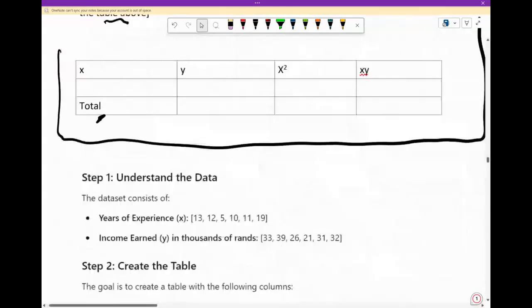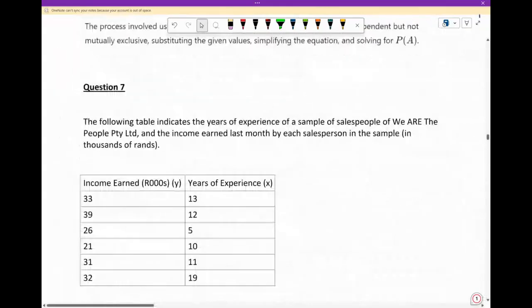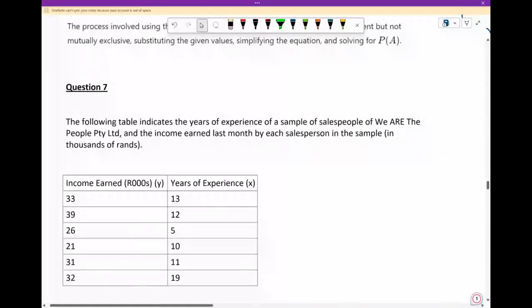If we look at the beginning of the question, we see the following table indicates the years of experience of a sample of salespeople at the people Pty Ltd. So that's the name of the company. And the income earned last month by each salesperson in the sample.